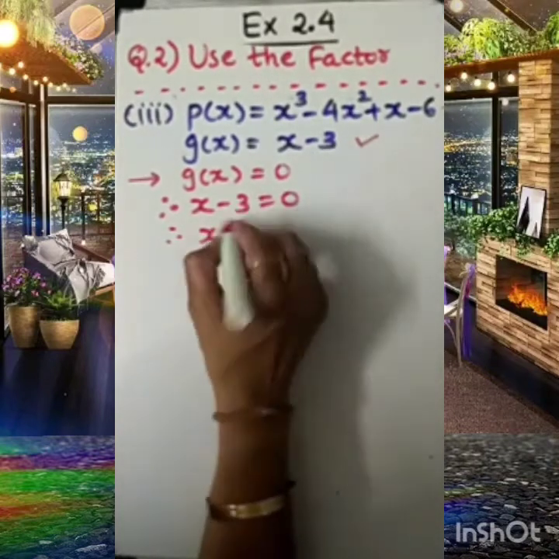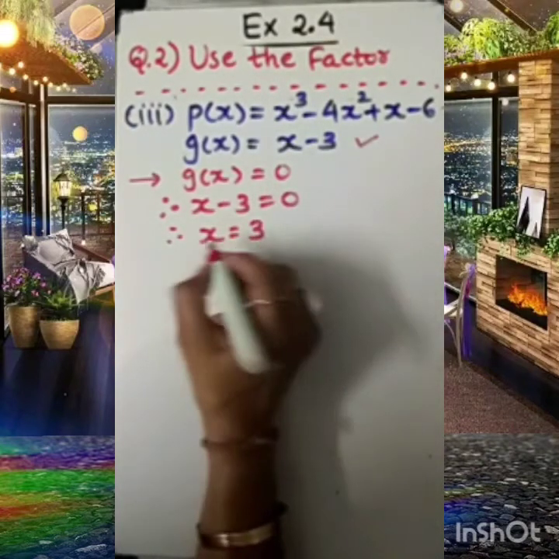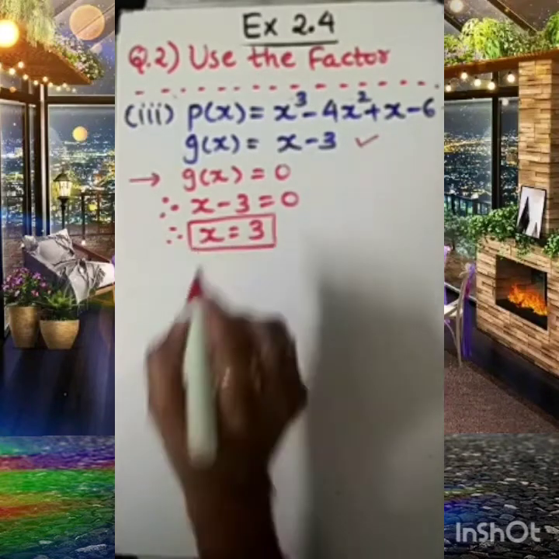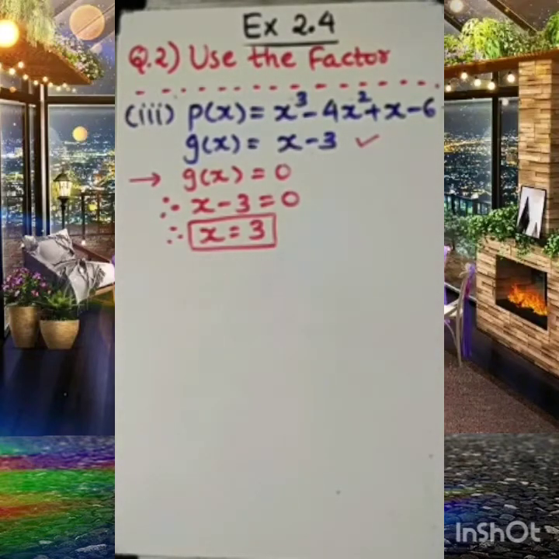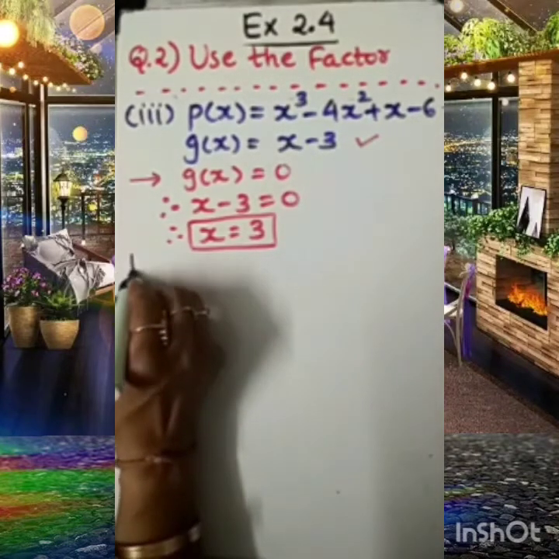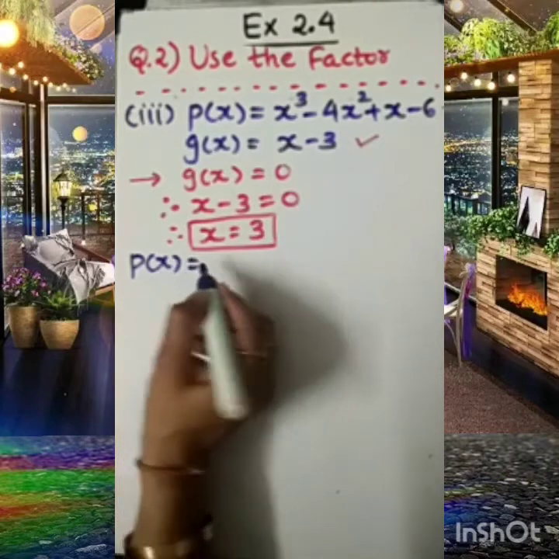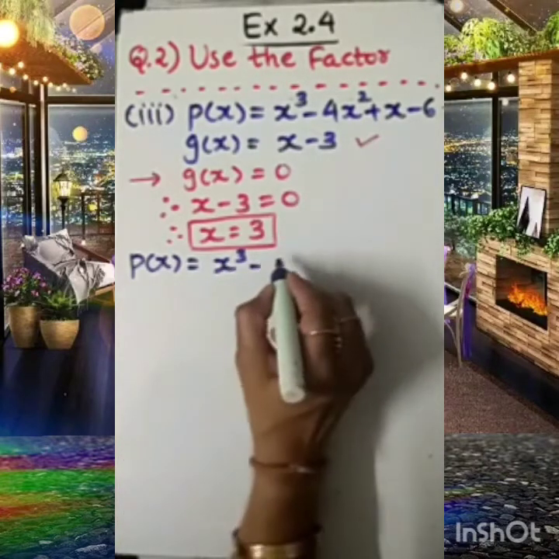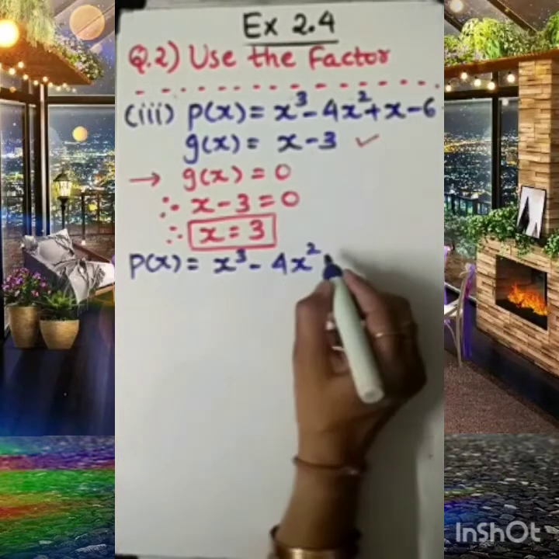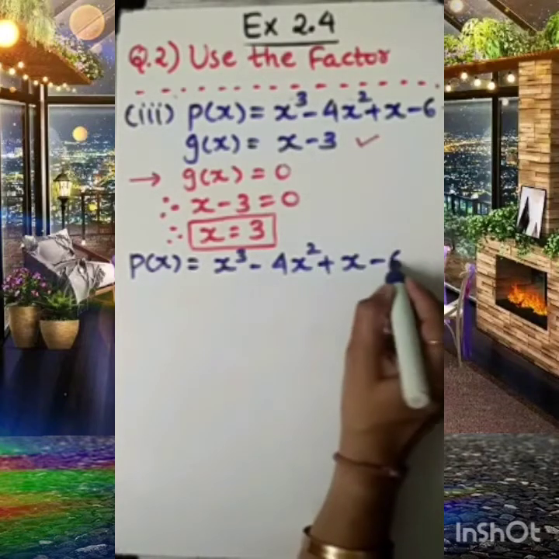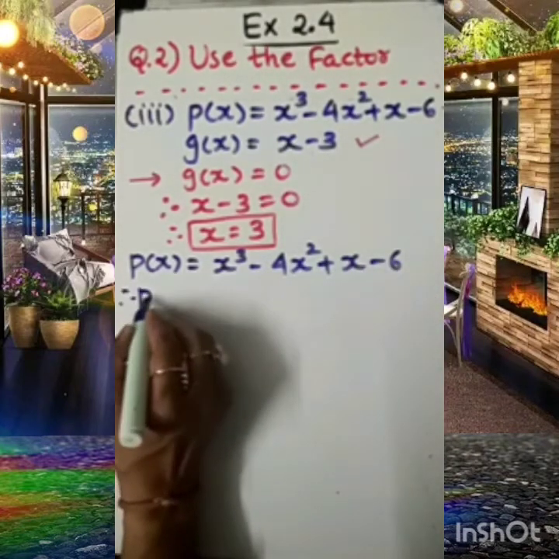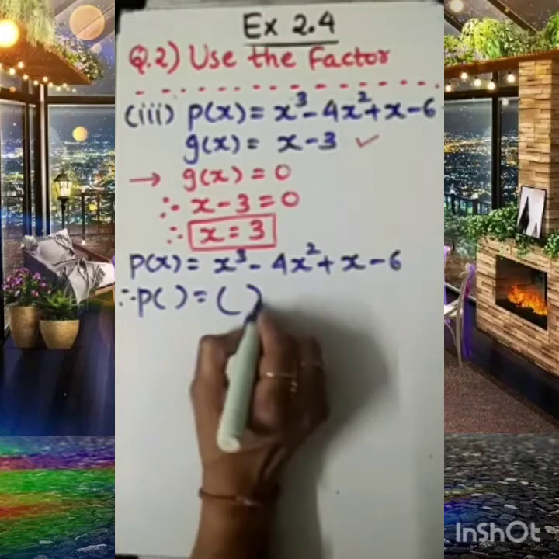Therefore, minus 3 after transposing will become plus 3 this side. So, x equal to 3. This value we need to put in the first polynomial. The first polynomial which we are given is p(x) equal to x cube minus 4x square plus x minus 6. In this polynomial, I am going to put the value of x.